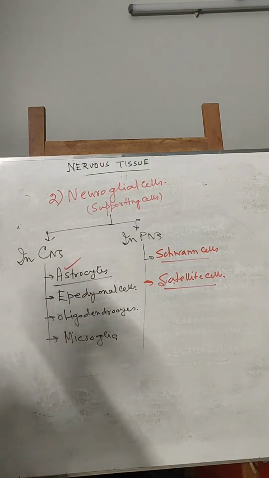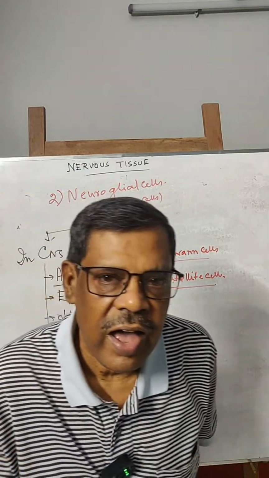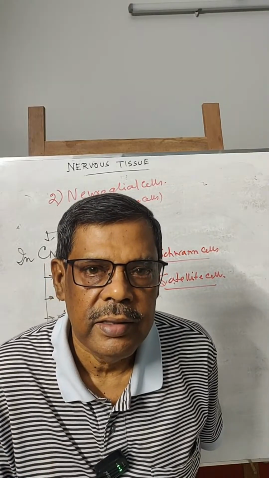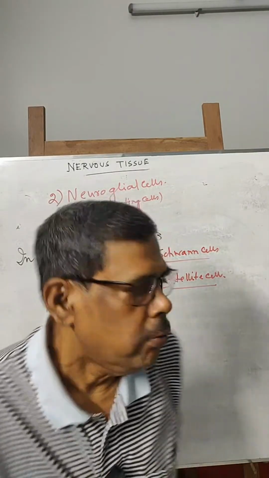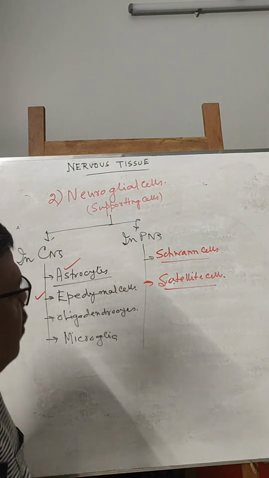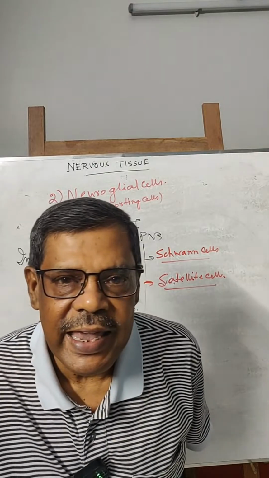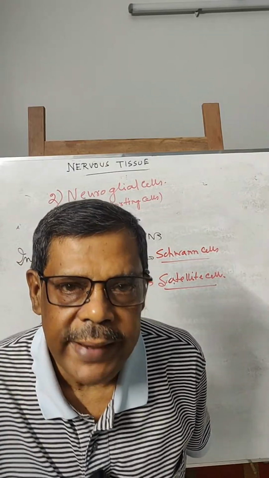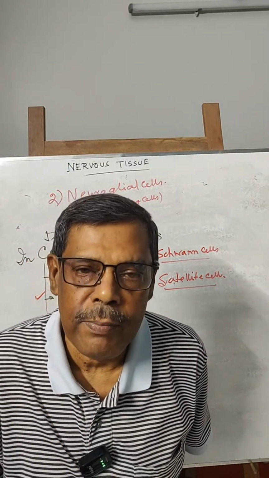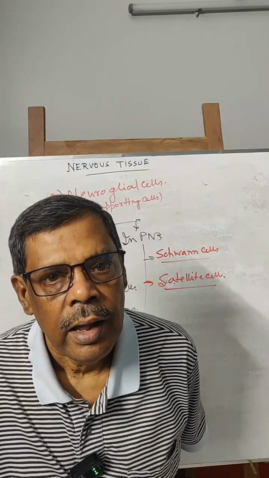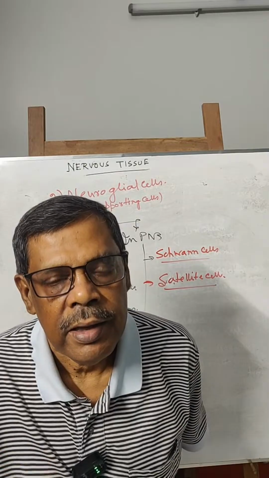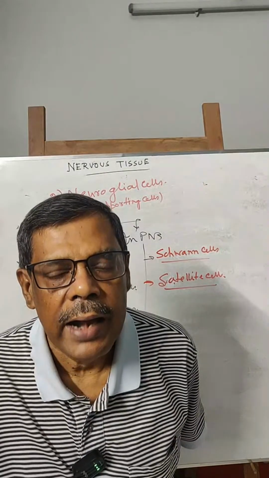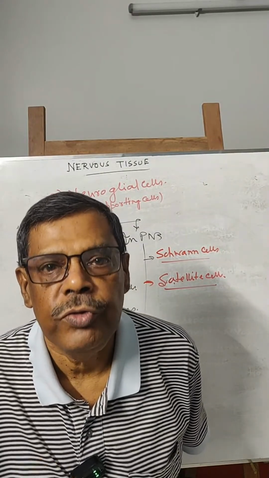Astrocytes nourish the neuron. From the blood, they carry nutrients to the neuron. Ependymal cells form the inner wall of the central nervous system, that is the spinal cord and ventricles of the brain.